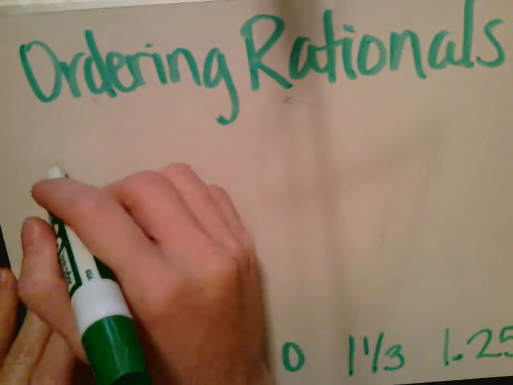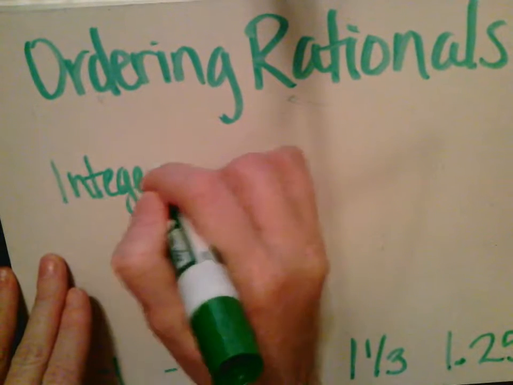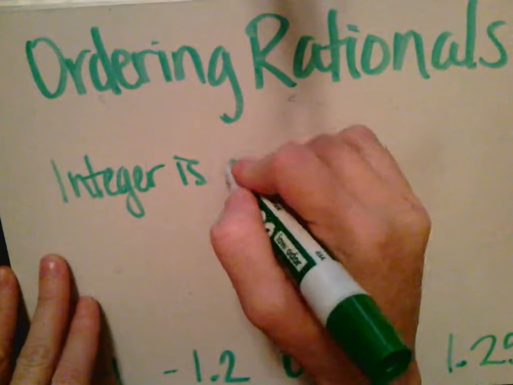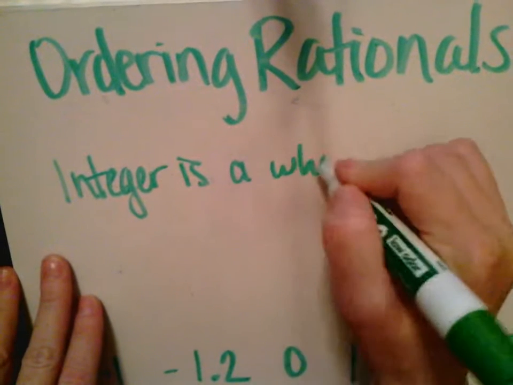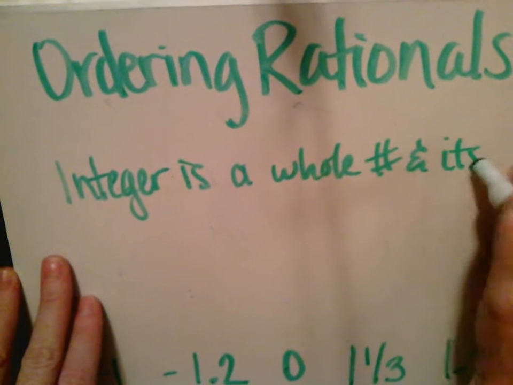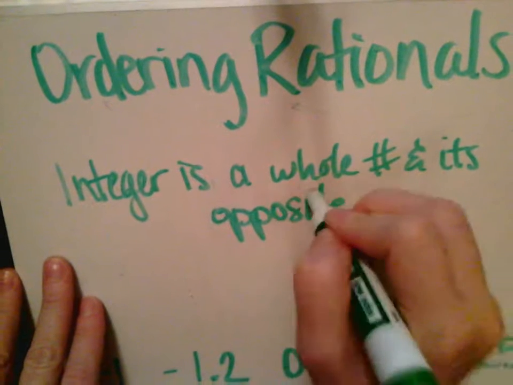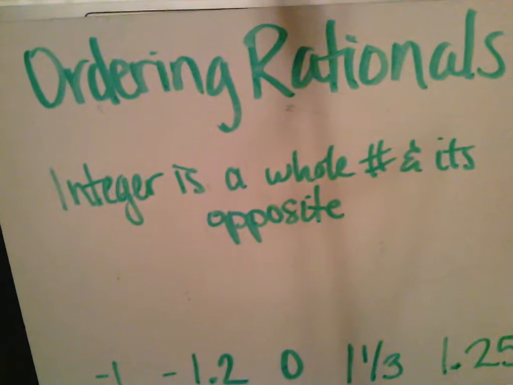First of all, what I want you to know is that an integer is a whole number and its opposite. Okay? You should know that from your first unit.